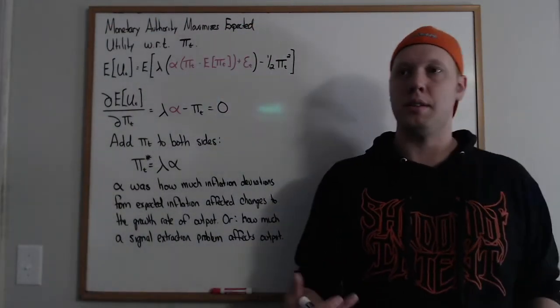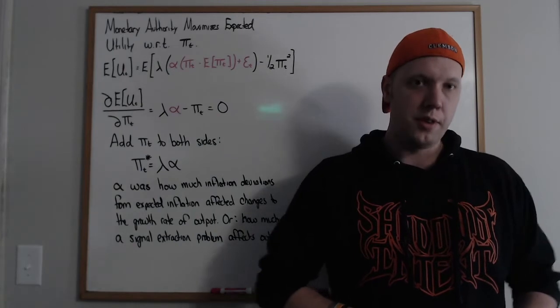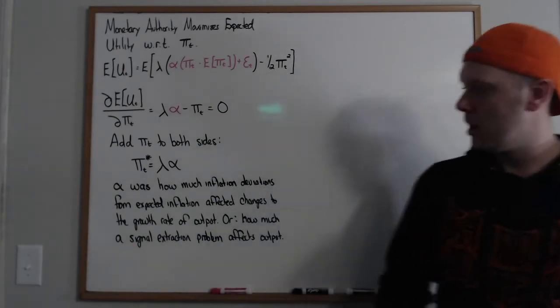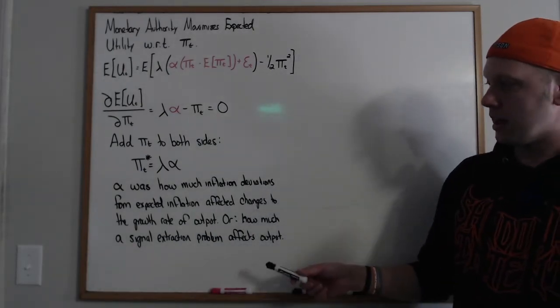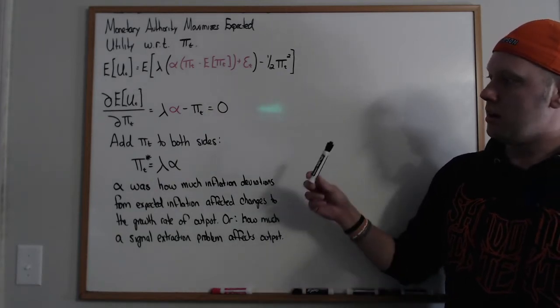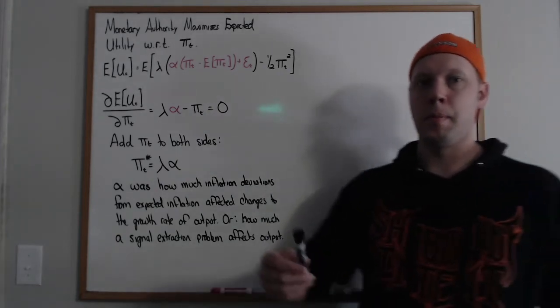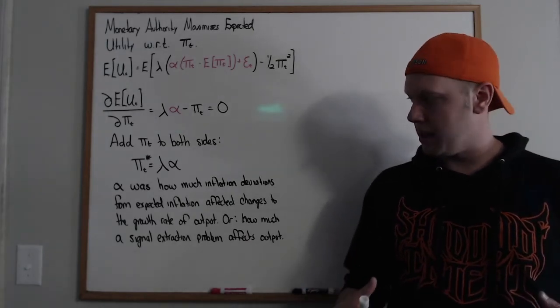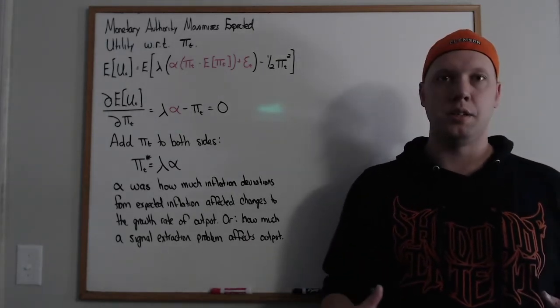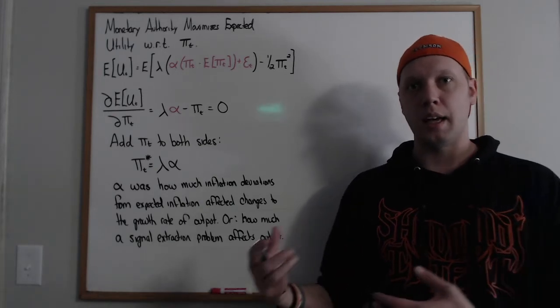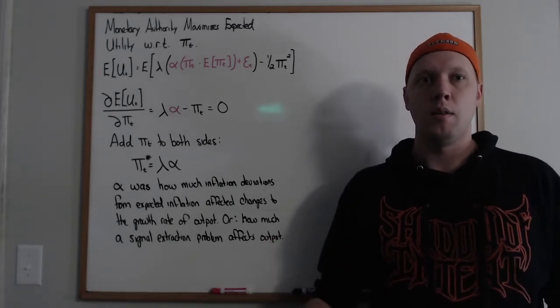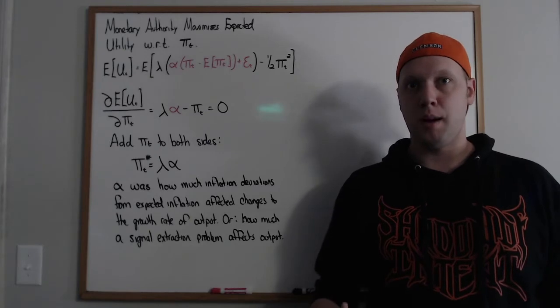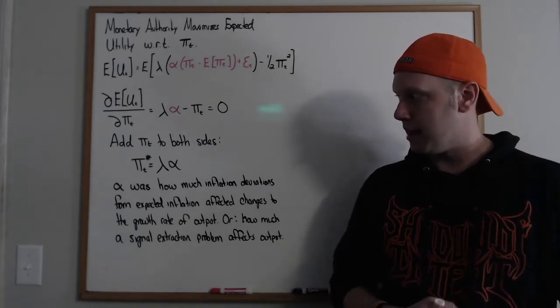So in this case, what it's saying is the slope of the Phillips curve for output is ultimately a result of how sensitive the public is, or how sensitive the overall macroeconomy is, to deviations of actual inflation from what they expected inflation to be. The more of a signal extraction problem there is, the higher alpha is going to get.